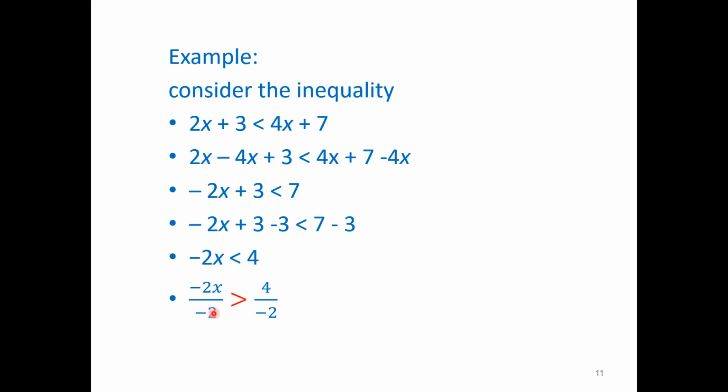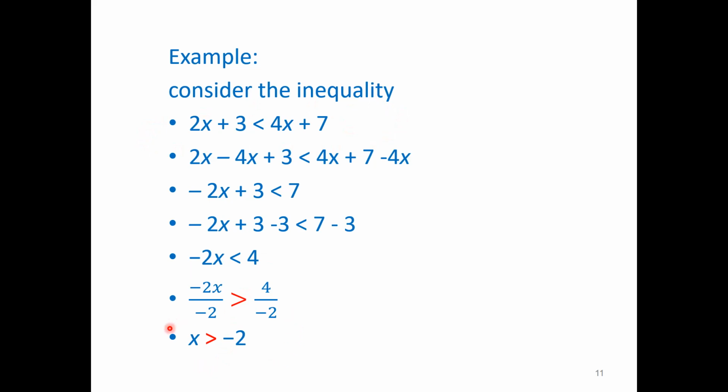Minus 2 cancels with minus 2, and the remaining will be x is greater than 4 divided by minus 2, which is minus 2. So the values of x that will satisfy the inequality is x greater than minus 2.